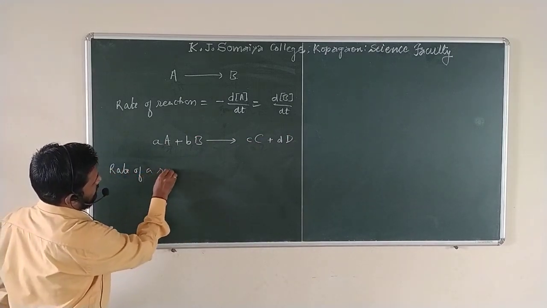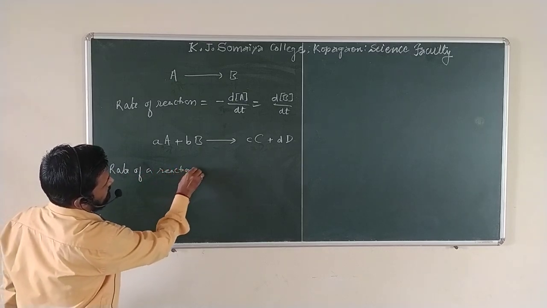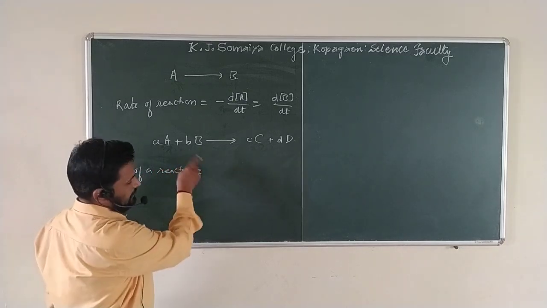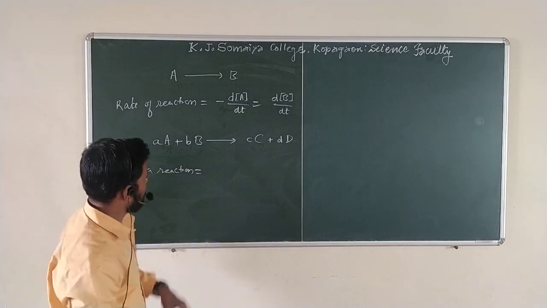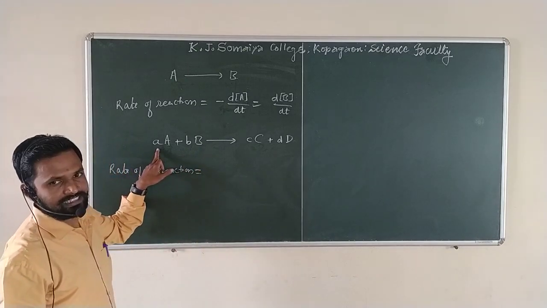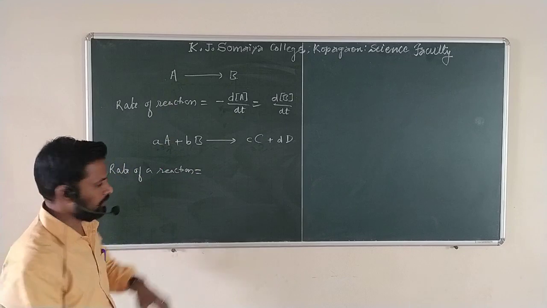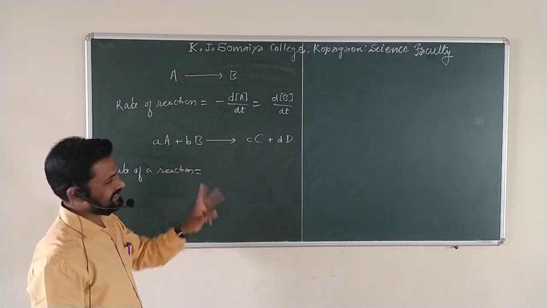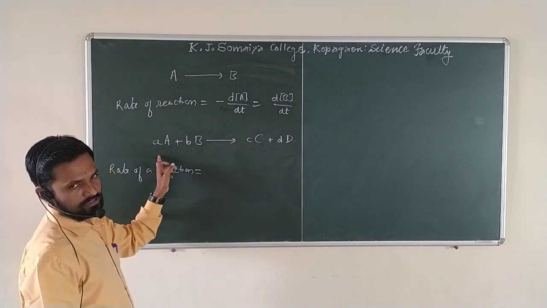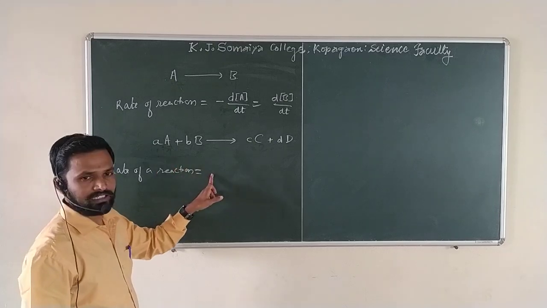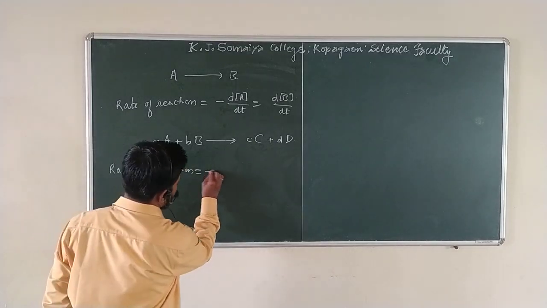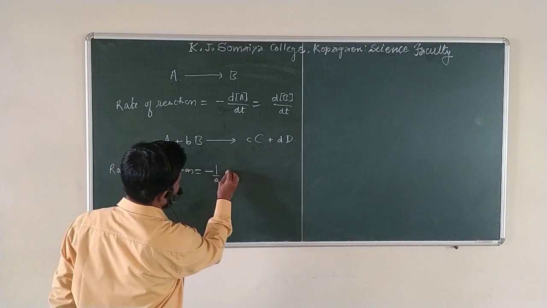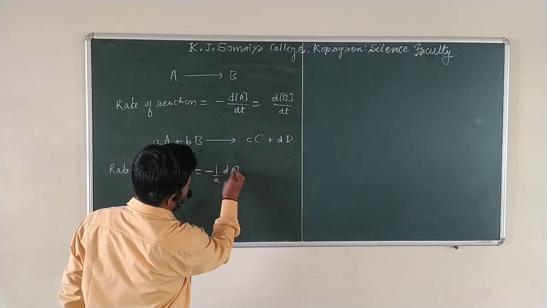In the previous lecture we discussed that whenever a stoichiometric amount is given, it should be written in the denominator. And second, whenever we write the concentration of the reactants, we must put the negative sign. So we write minus 1 upon a, d[A].